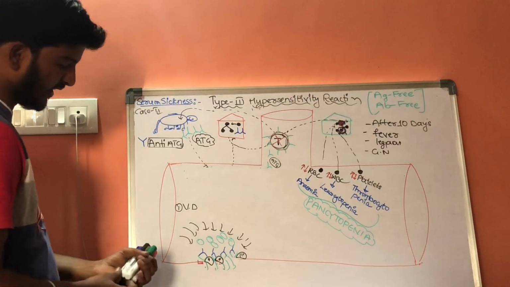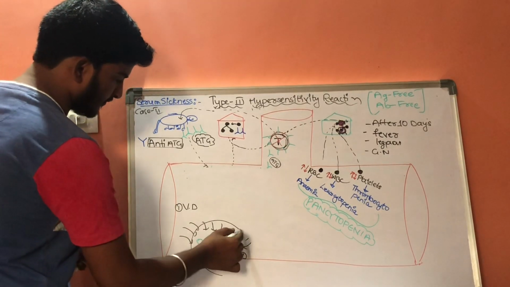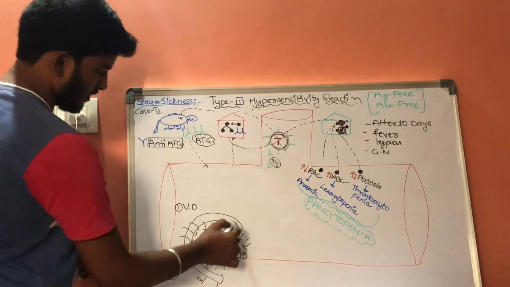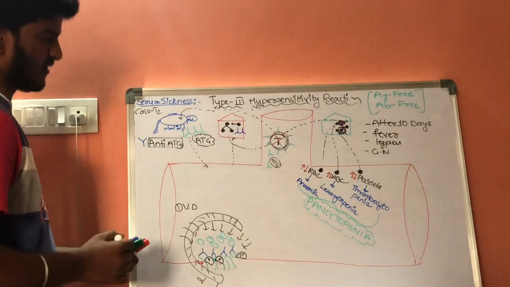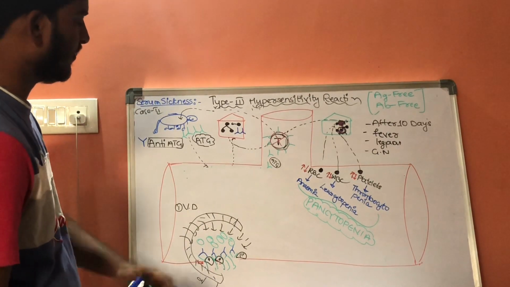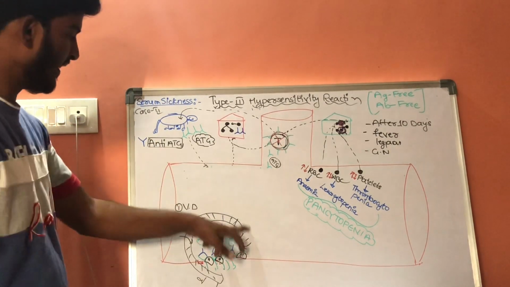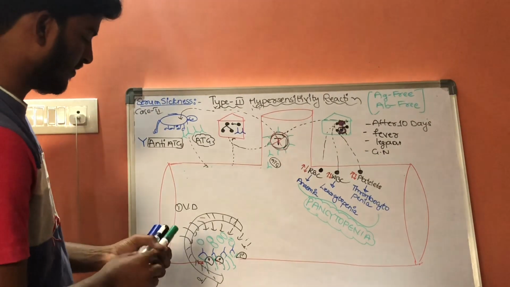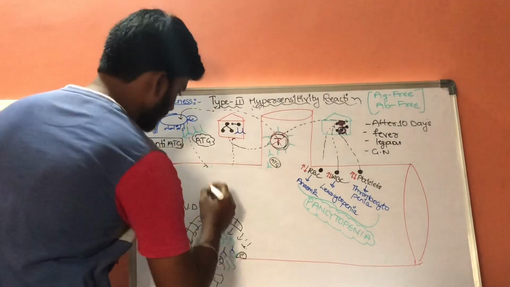After assembling, the neutrophils will come here and the leftover part will get digested by the neutrophils. If there is a failure of this mechanism, that is serum sickness, then it results in a condition called fibrinoid necrosis.